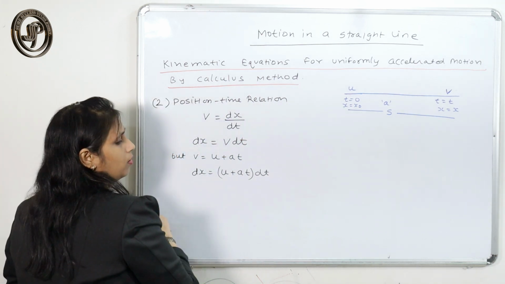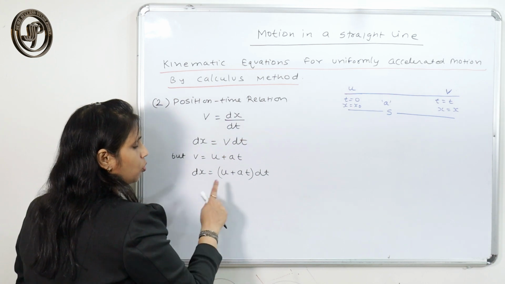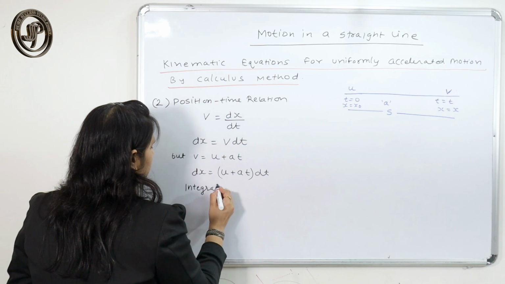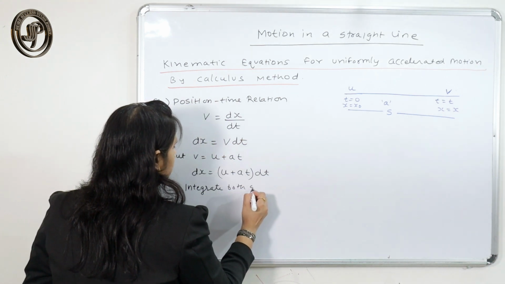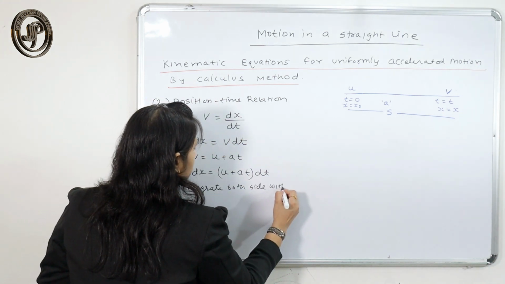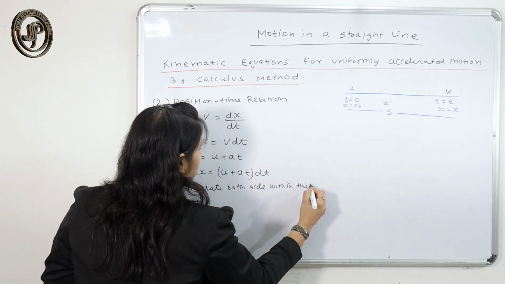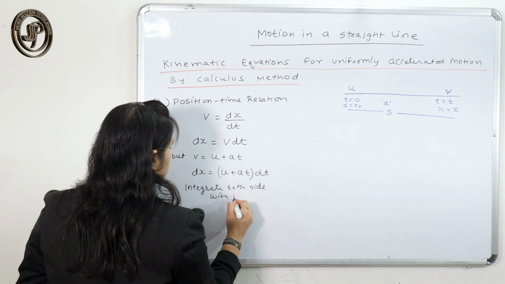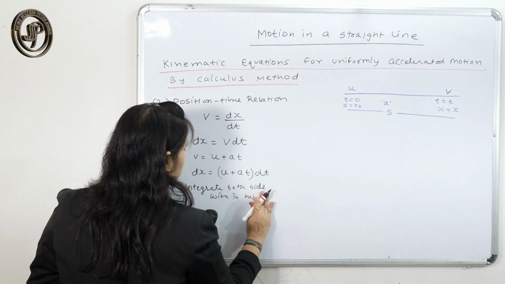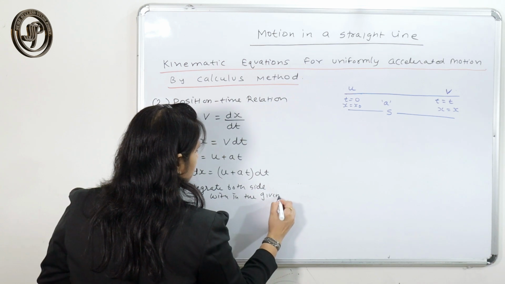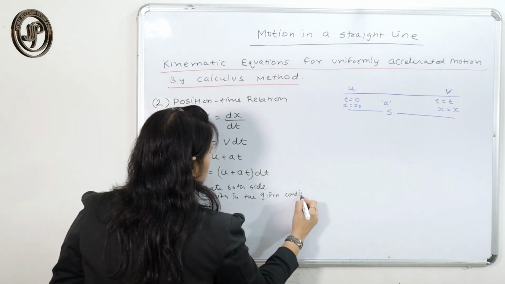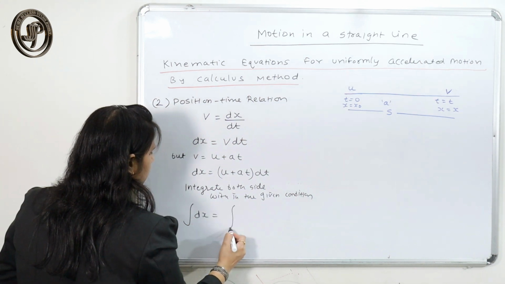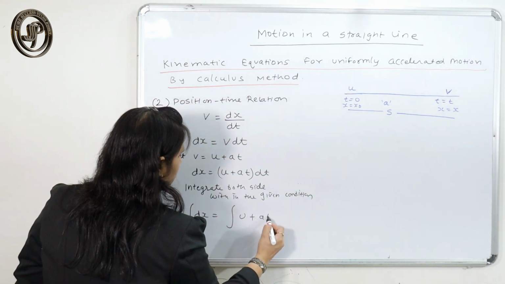Now this is a small change in x. We have to find the total change in x, so we integrate both sides within the given condition. If we integrate this within the given condition, what do we get?